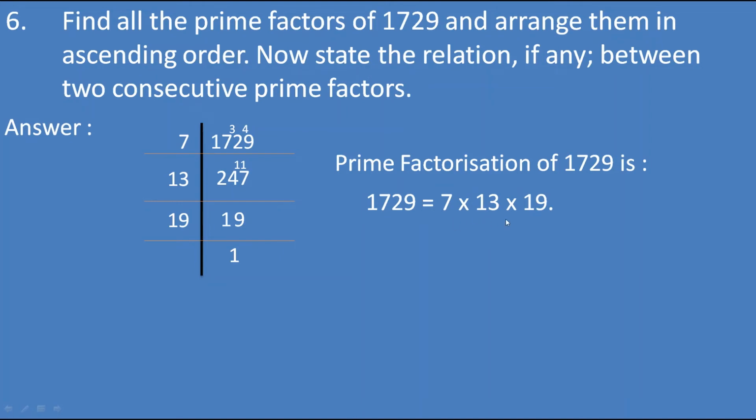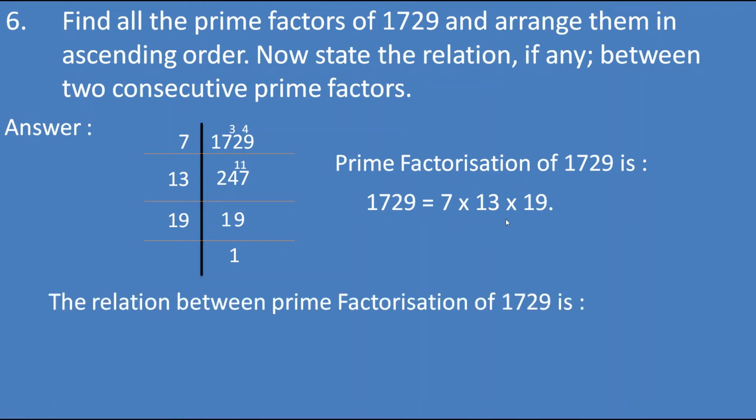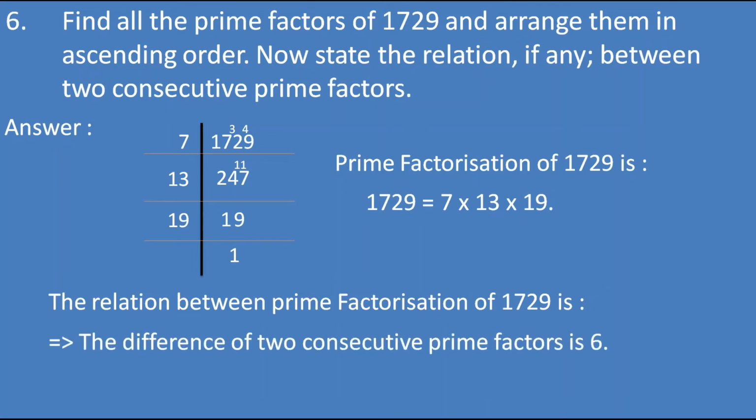So the relation between the prime factors of 1729 is that the difference of two consecutive prime factors is 6. You can check it. The difference between 19 and 13 is 6, and 13 minus 7 also gives 6. So the relation is the difference of two consecutive prime factors is 6.